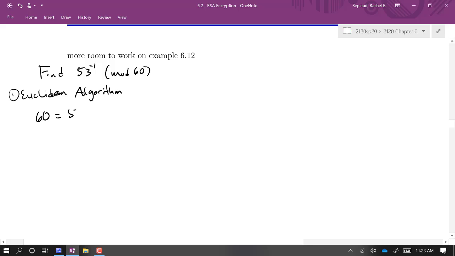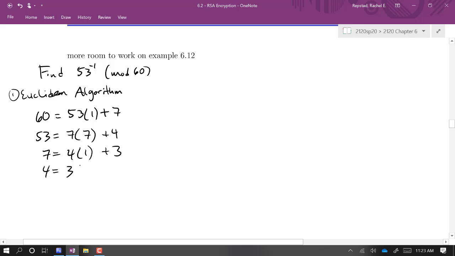So 53 goes in once with 7 left over. And then 7 goes into 53 7 times with 4 left over. And then 4 goes into 7 once with 3 left over, and 3 goes into 4 once with 1 left over.